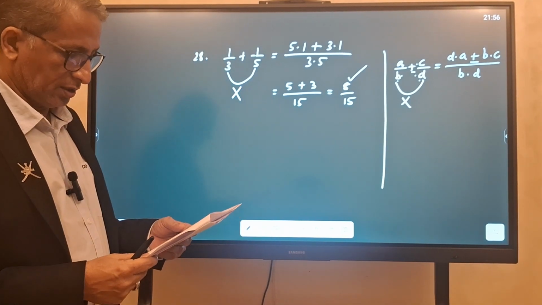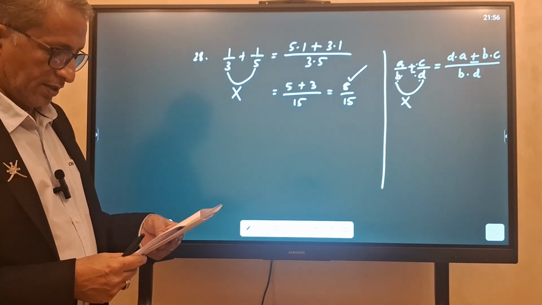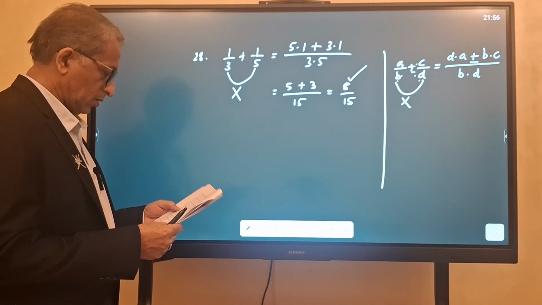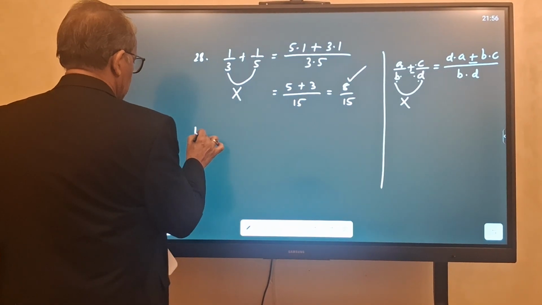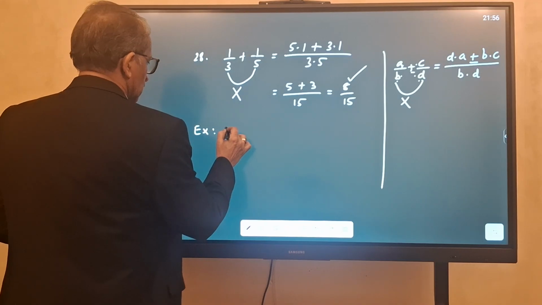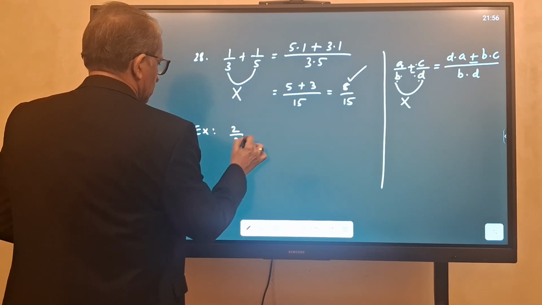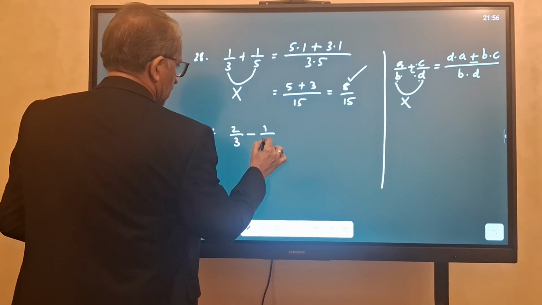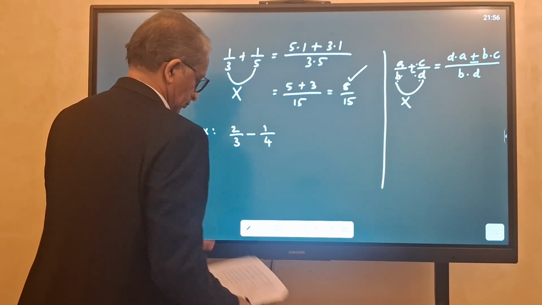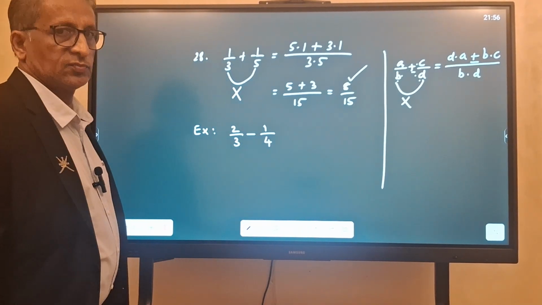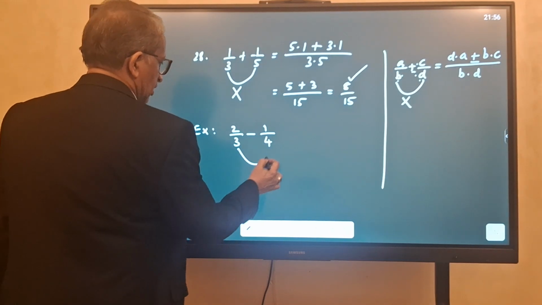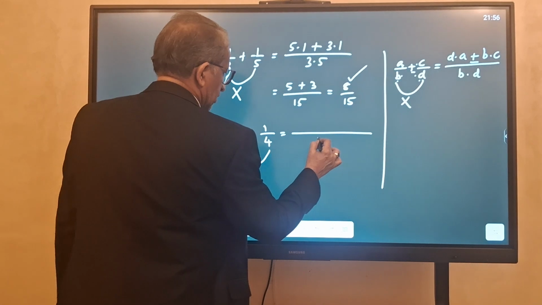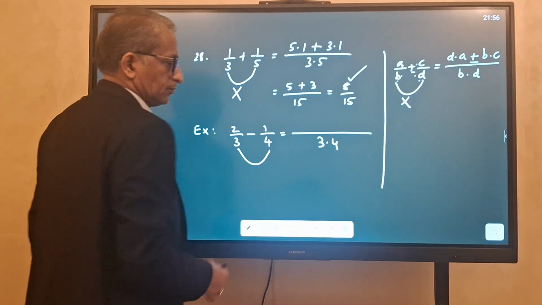Let's take another example, extra. 2 by 3 minus 1 by 4. So they are different. What do I do? Multiply 3 into 4.